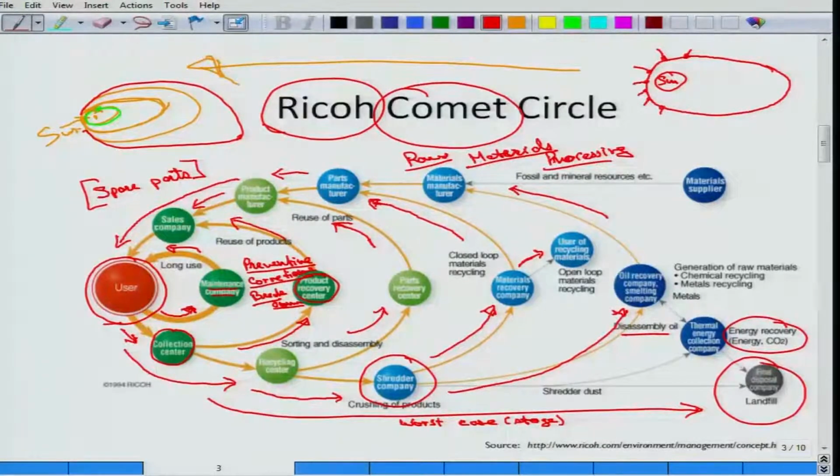So, this is how the material flow happens. It could have been noticed here that all the players, all the stakeholders, from manufacturers, suppliers, customers, and the recycling companies, I would say recyclers, they all participate in this to reduce the degree of impact at each stage, and they all have partnership, right.